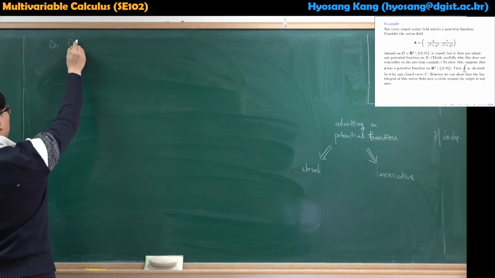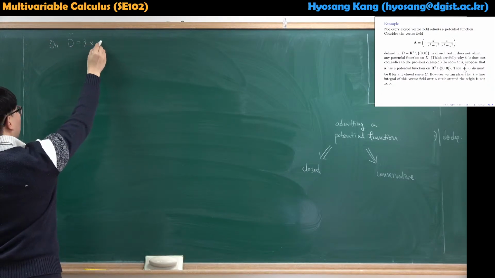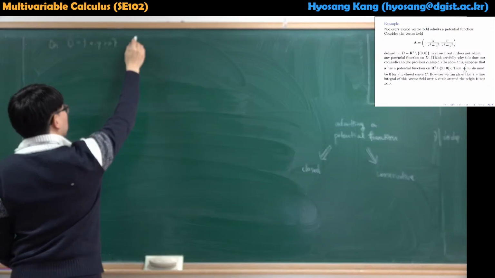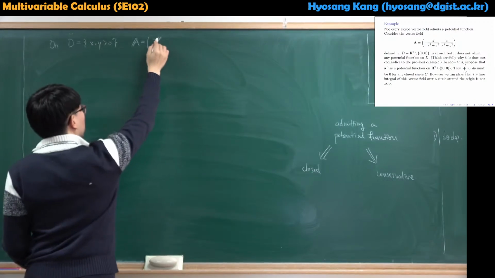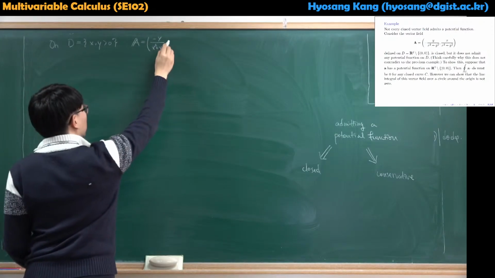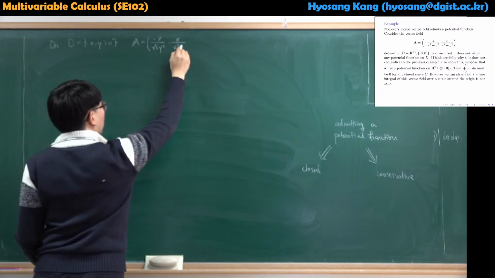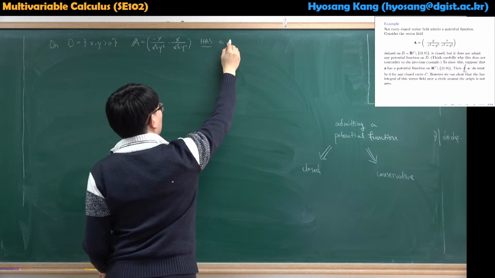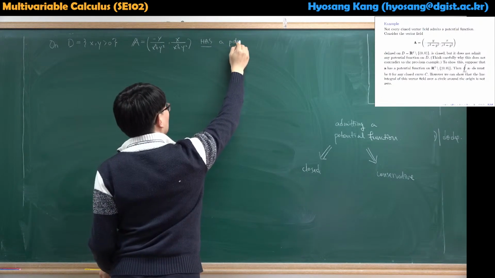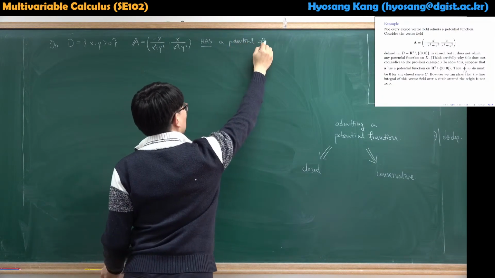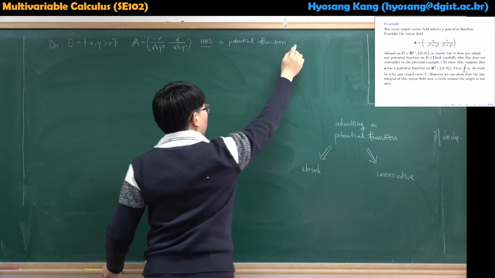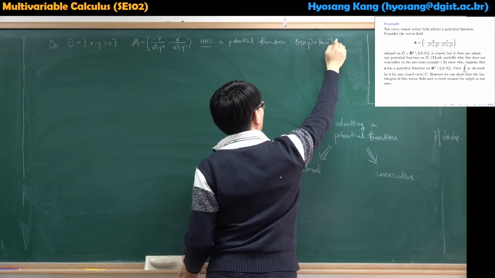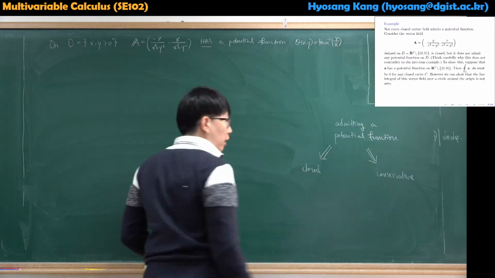Here on D, where x and y are both bigger than 0, this vector field A, which is minus y over x squared plus y squared, x over x squared plus y squared, has a potential function theta, which is given by arctangent of y over x.